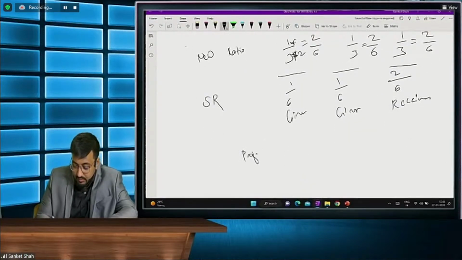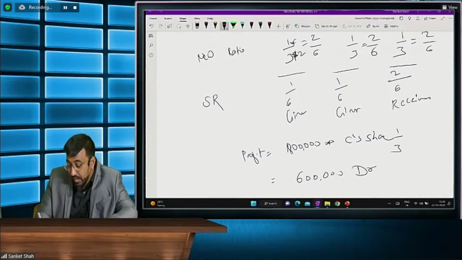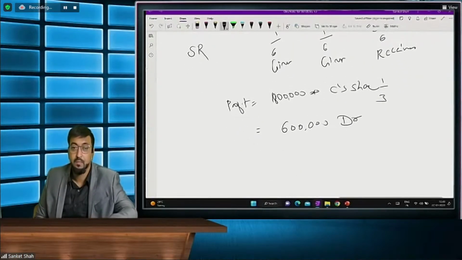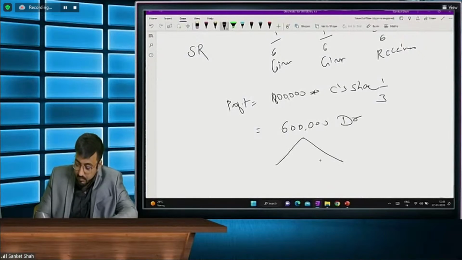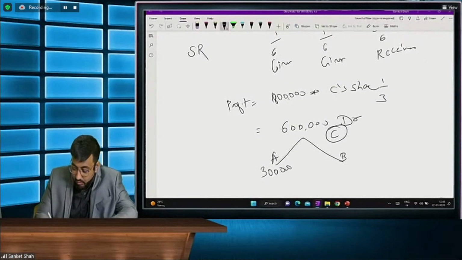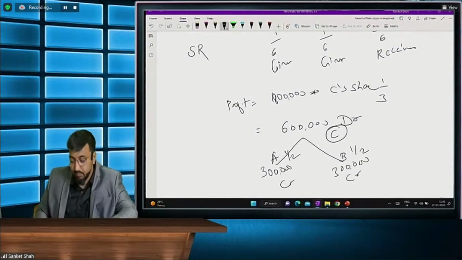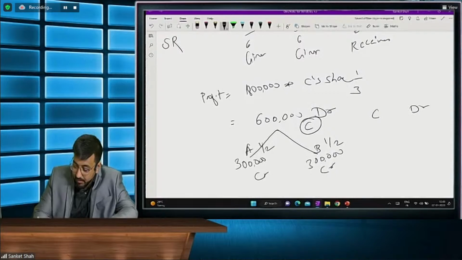Profit is 18 lakhs into C's share, 1/3. So 6 lakhs he has to pay as his share, and he will pay to B. So C will be debited, and A and B 1/2, 1/2. 3 lakhs credit, 3 lakhs credit.